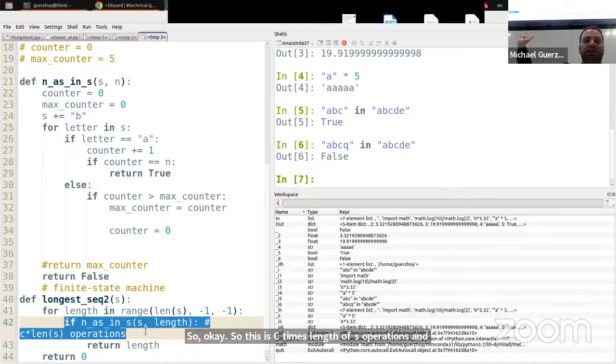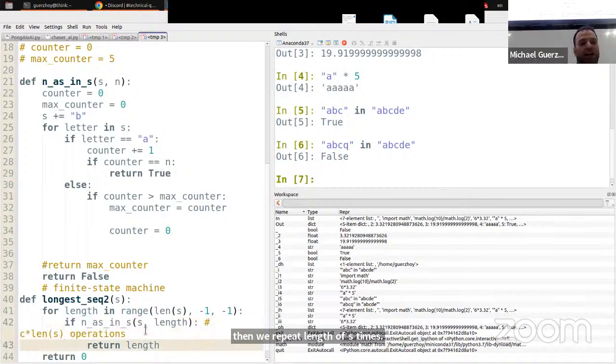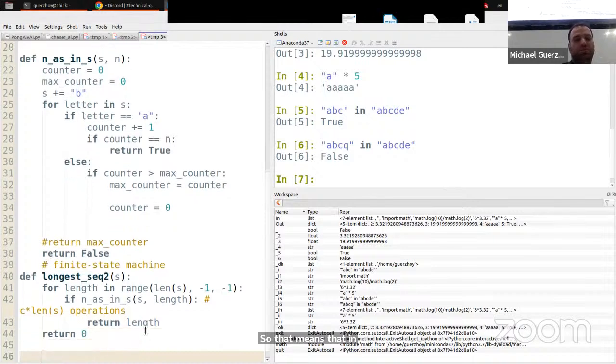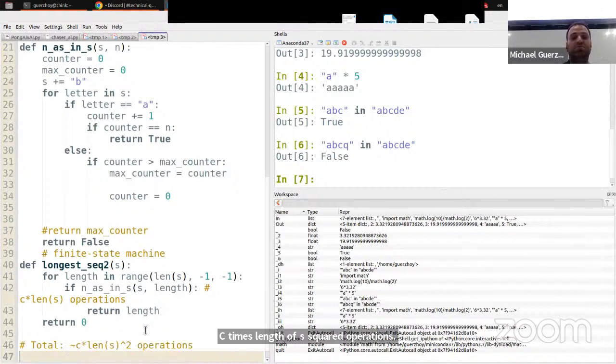So that means that in total, in the worst case, C times length of S squared operations, approximately. So O of N squared, where N equals length of S.